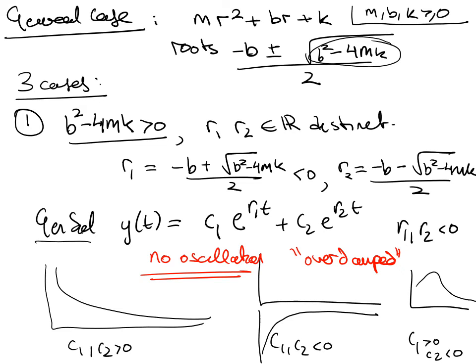What that basically means is that the friction is large enough that it counteracts the other forces in question, namely the spring force. And you can see that in this term here, right? B squared minus 4mk is big if b is big, in some vague sense, compared to m and k. So that's the interpretation of real roots.